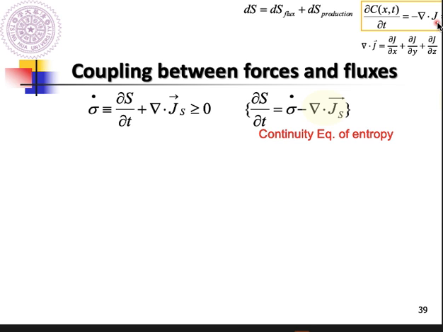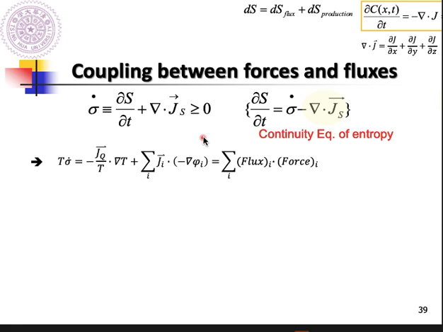So now we get a continuity equation of entropy. We just keep the entropy production rate per volume here and move the divergence of flux term to the left-hand side, and then we get this equation. Starting from this equation and combining it with the energy conservation law, after a series of derivations, you are going to have the equation that links the forces and the fluxes.